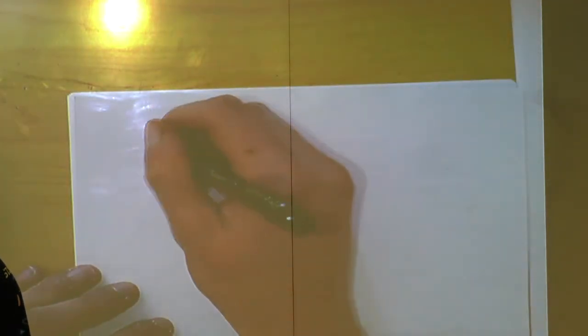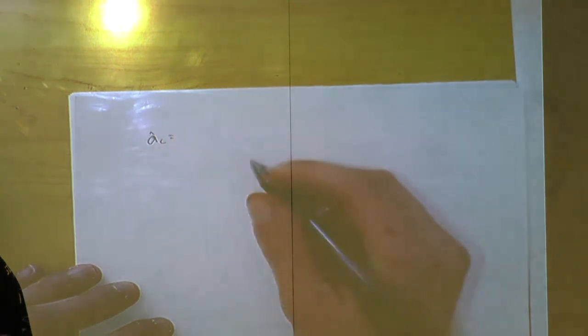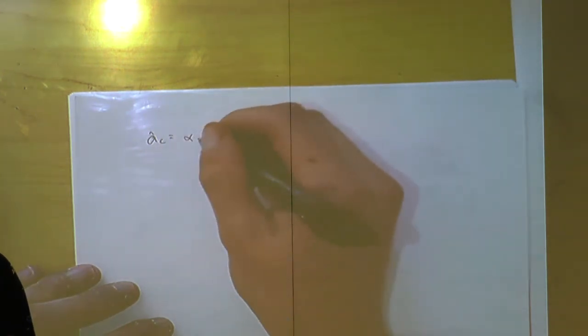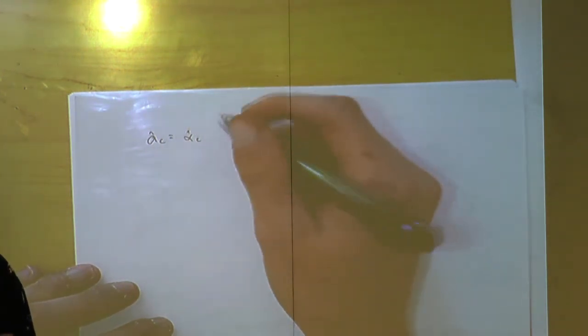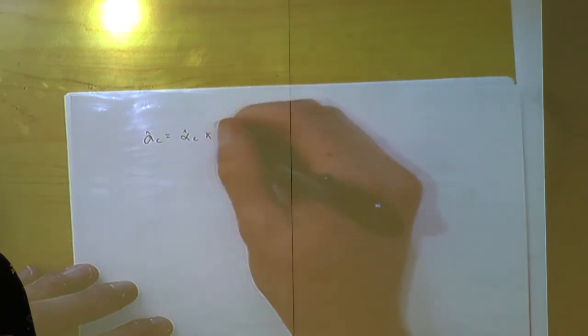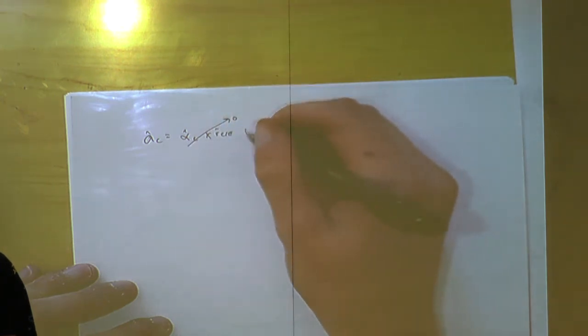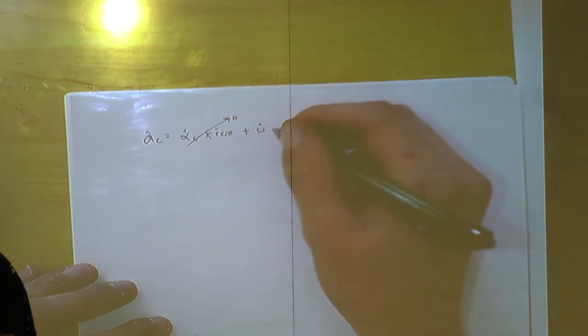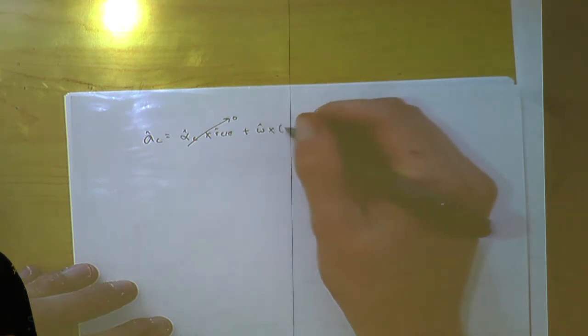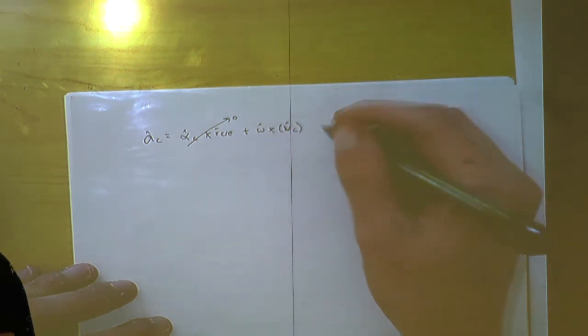So the acceleration of C is going to be equal to the angular acceleration times that, but that's going to be equal to 0, plus angular velocity cross vC, which we just solved for.